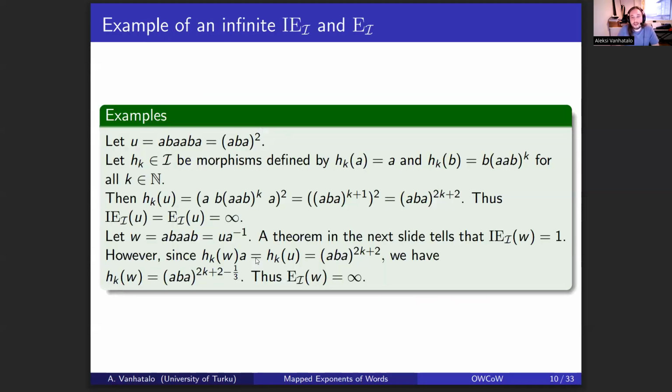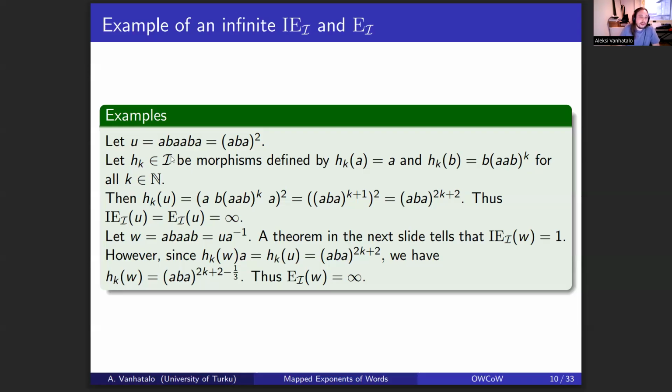Here's the first basic example where the mapped integer exponent and mapped fractional exponent are both infinite. We have the word ABA squared. For this, we can design a morphism that fixes A and maps B to B followed by AAB repeated k times, where k is a free parameter, a natural number.